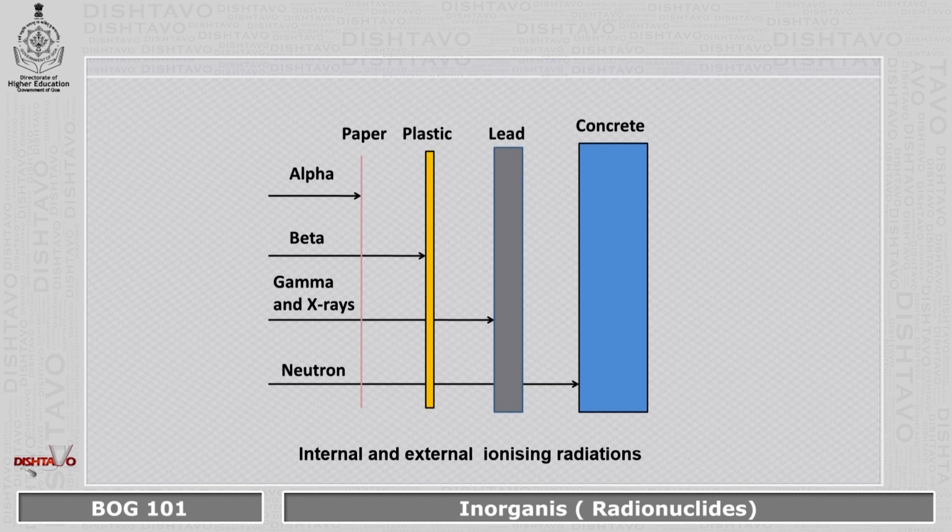So alpha and beta are toxic or having harmful effect only if they are ingested inside the body or come in contact with the skin. But gamma and x-rays can be toxic, or having harmful effect, even if they are located far away from the body.